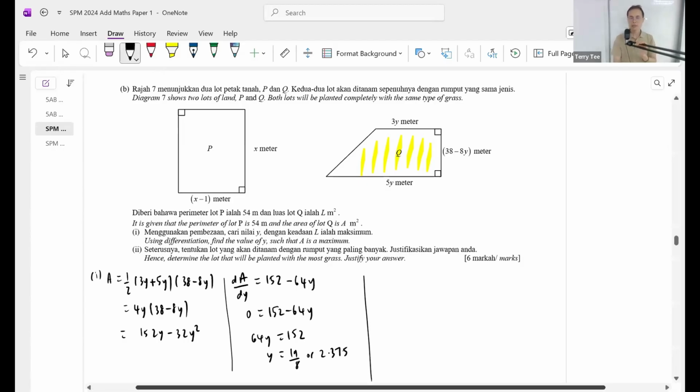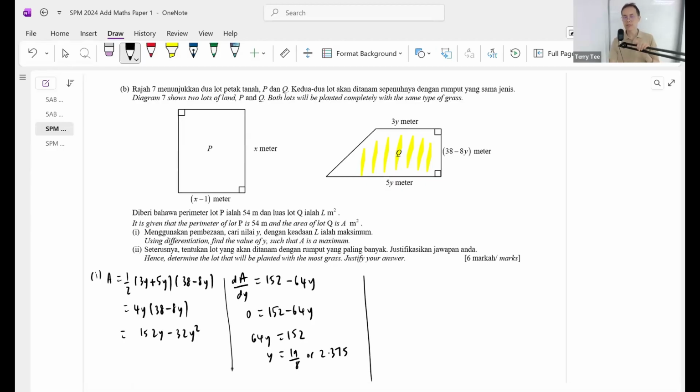Actually, you don't have to show that it's a maximum because the question didn't ask us to. But if you want to double check, you can differentiate dA/dy one more time to get the second order differentiation, d2A/dy squared. When I differentiate 152, I get 0.